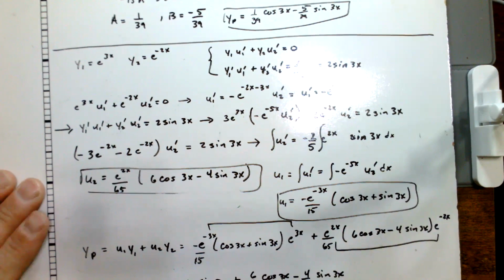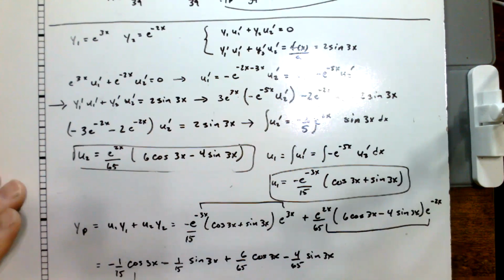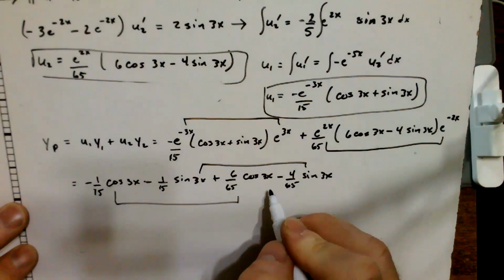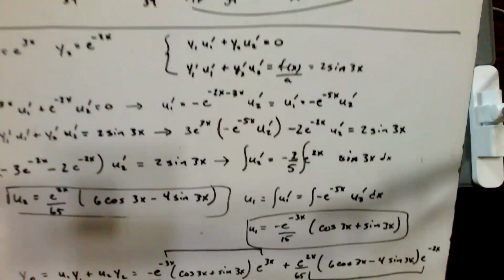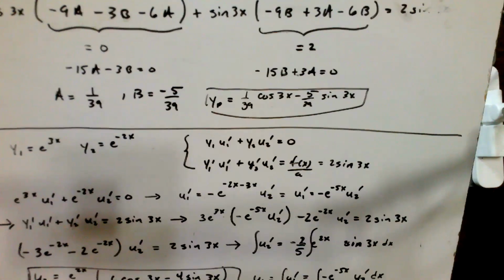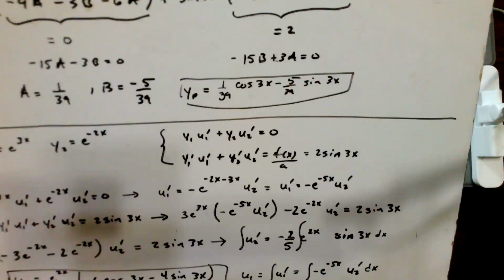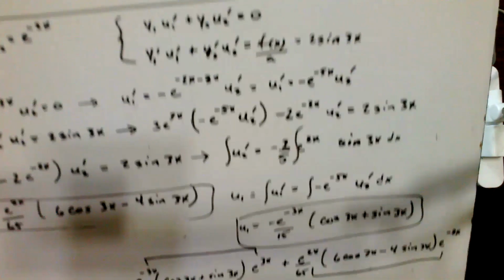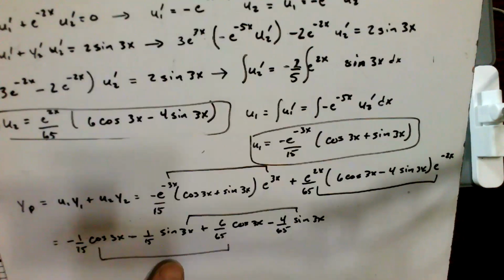Once you have that, you combine like terms. If you add those two together and those two together, you actually end up recreating the exact same value we got here for the particular solution using undetermined coefficients. So we get the exact same results using either undetermined coefficients or variation of parameters.